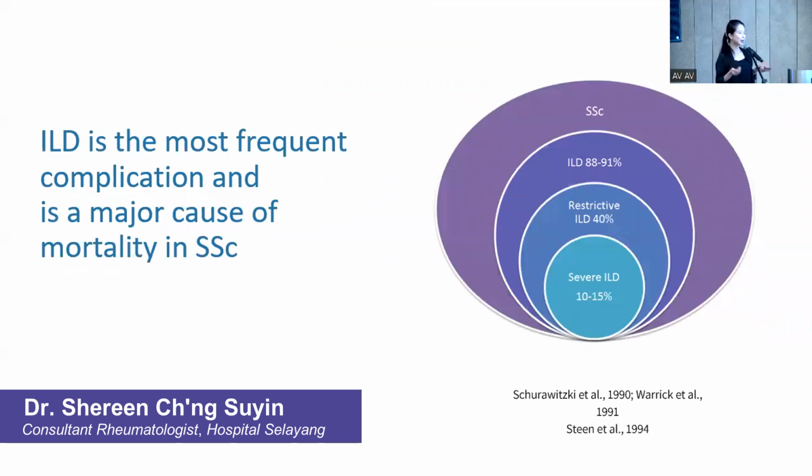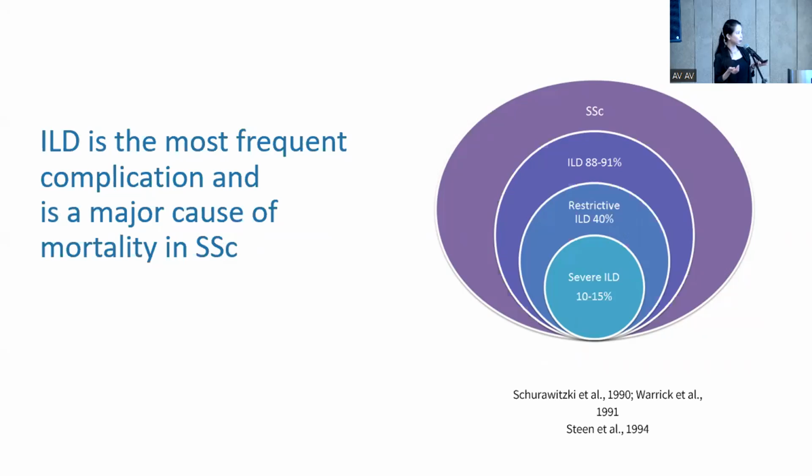But before that, maybe I'd just like to share a bit of the rationale for setting up this clinic. We know that interstitial lung disease is the most frequent complication and a major cause of mortality in this condition called systemic sclerosis. So how do we define the prevalence of interstitial lung disease in systemic sclerosis?